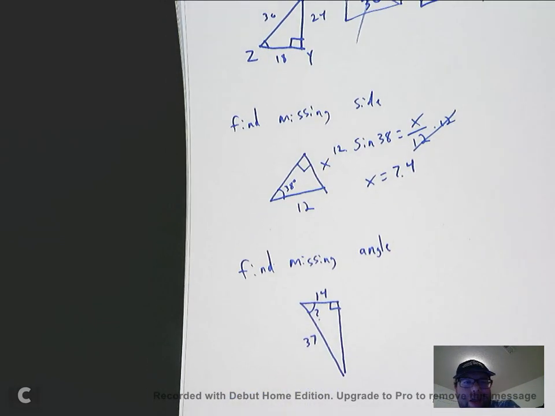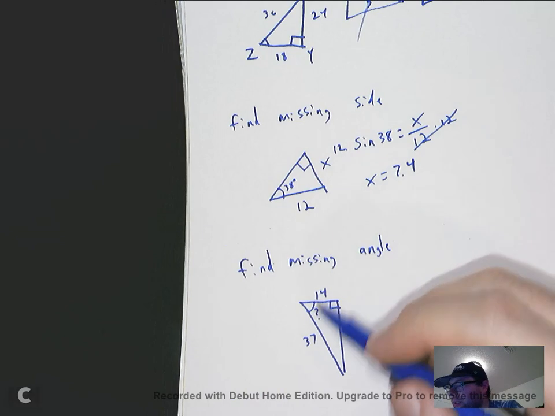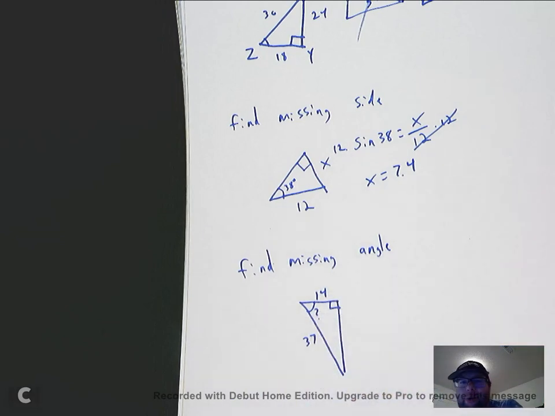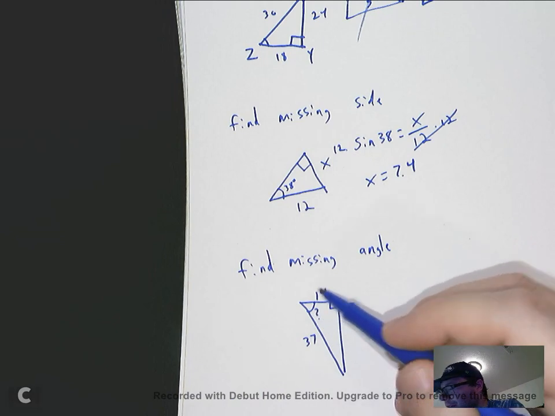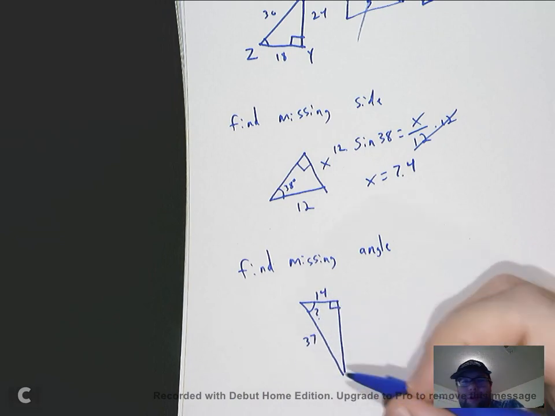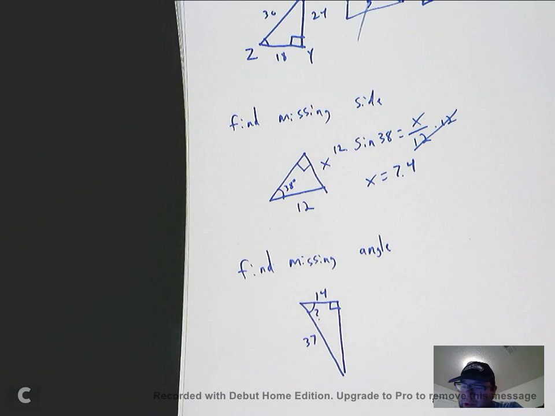If I have an angle that I want to solve for and it gives me two sides, I need to use the inverse. So if this is my angle, it looks like I have an adjacent side and a hypotenuse. So I'm going to have to use the cosine inverse.